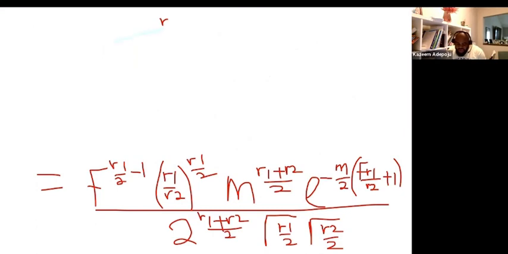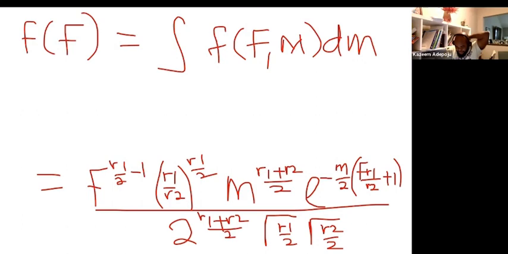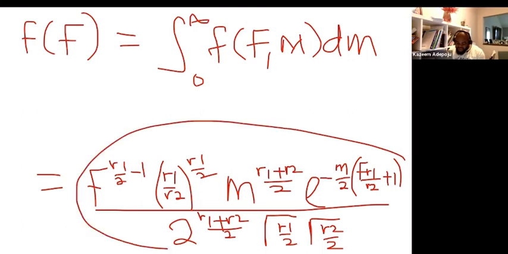So what I'm looking for is f of that, which is going to be f of this m. The m, you forgot that. The m goes from 0 to infinity. I want to integrate this guy now.